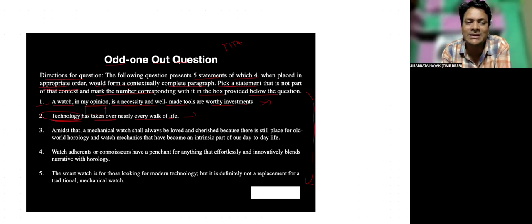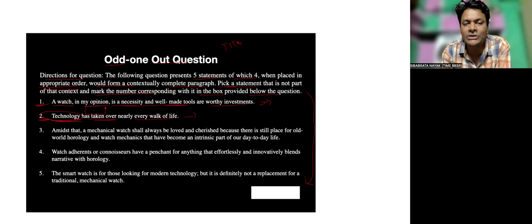In that case, this can be called a generic statement, whereas the first statement and the second statement have a kind of difference. The first statement stated about the watch, how a watch is essential and a well-made tool, whereas the second statement stated how technology influences or impacts each and everyone's life, right?